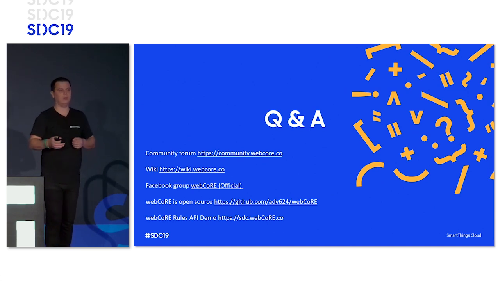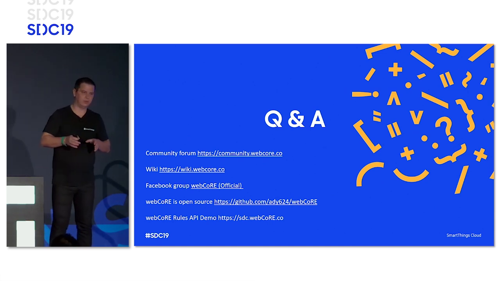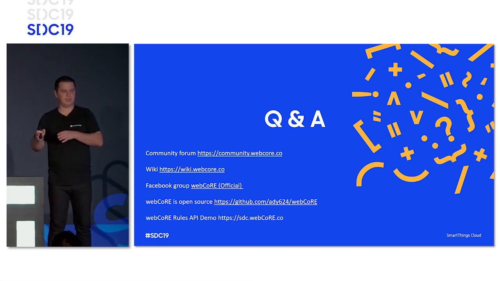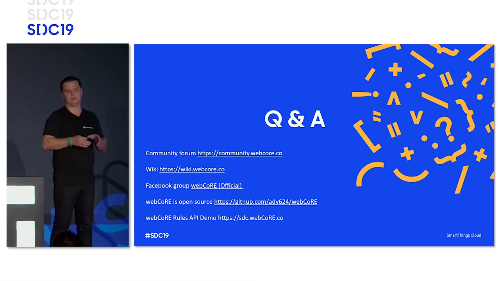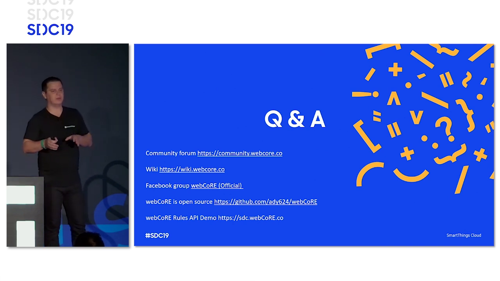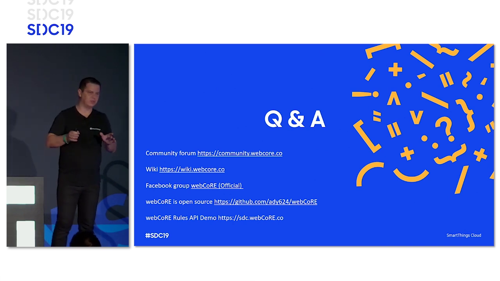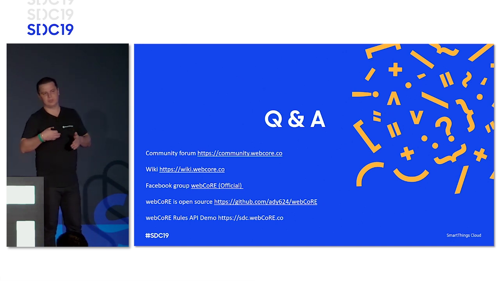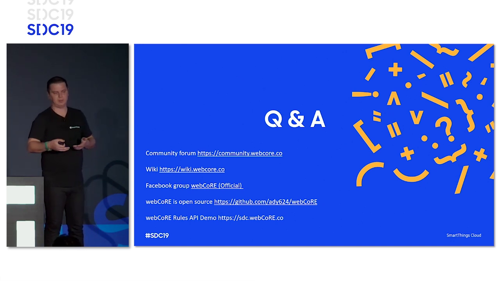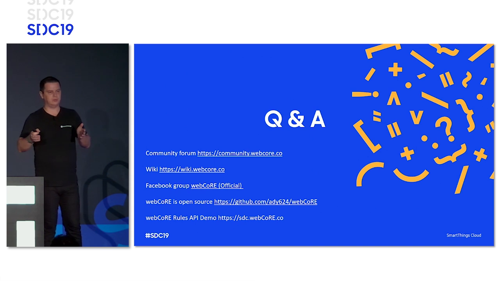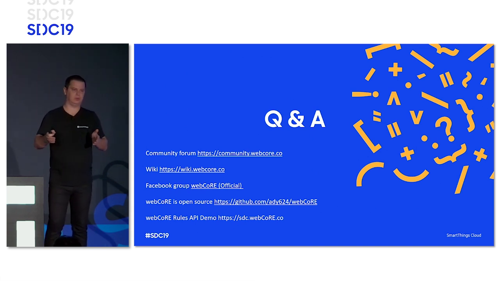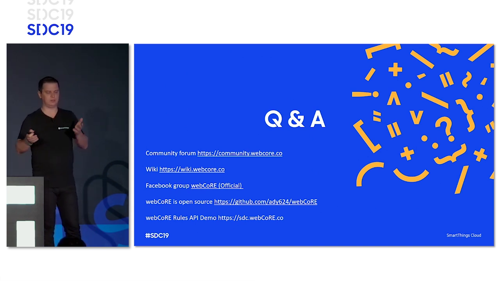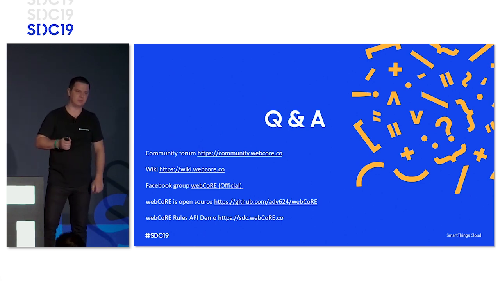So you have to use OAuth to authenticate and authorize the application, which is WebCoRE, to execute, create, and delete rules in the Rules API. That token expires, I think it's 15 minutes or so, or an hour, and then you have a refresh token that you can use to extend that time. We're really using OAuth to do the authentication and authorization, so you need to have access to the Samsung account to do this.